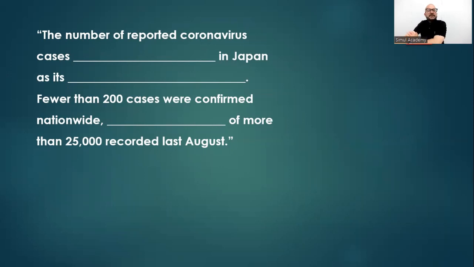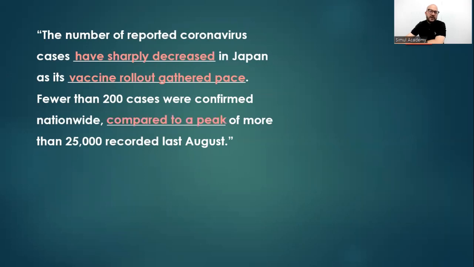If you were able to accurately recall those parts, then you would know that it said the number of reported coronavirus cases have sharply decreased in Japan as its vaccine rollout gathered pace. Fewer than 200 cases were confirmed nationwide, compared to a peak of more than 25,000 recorded last August.